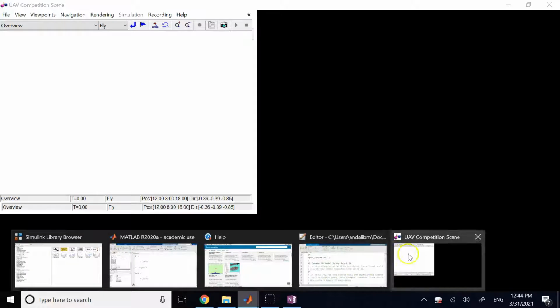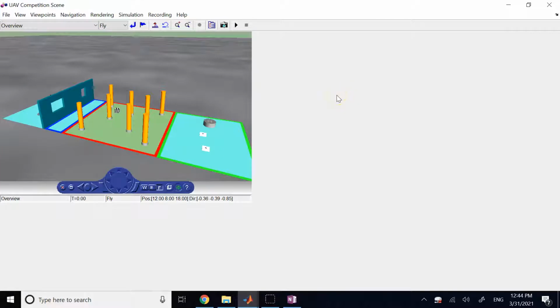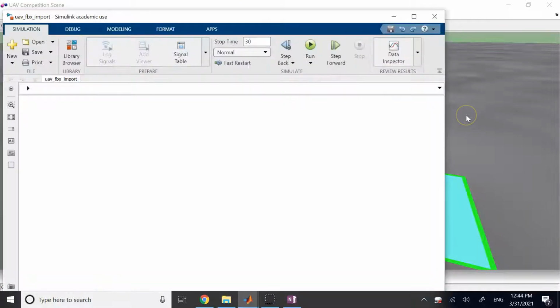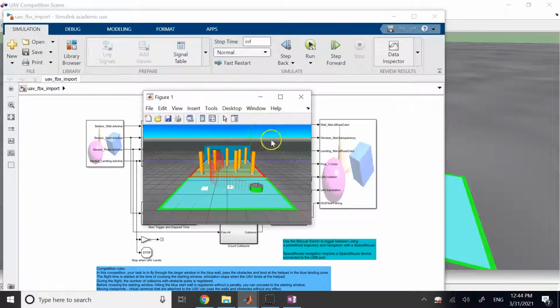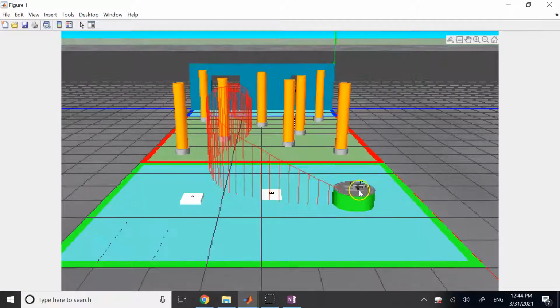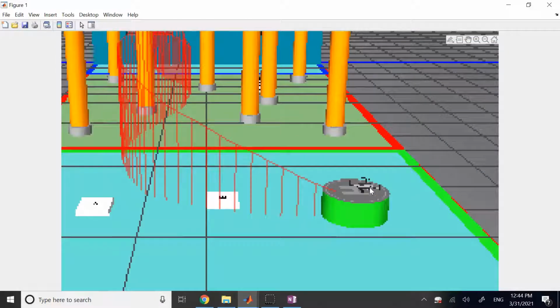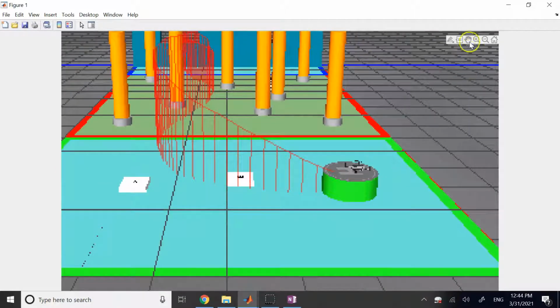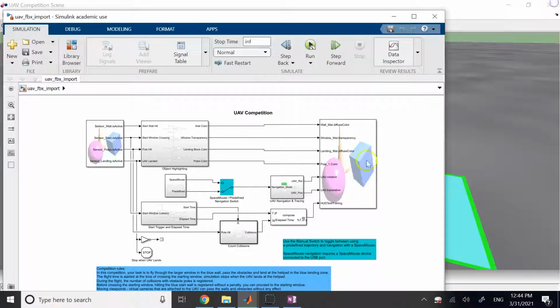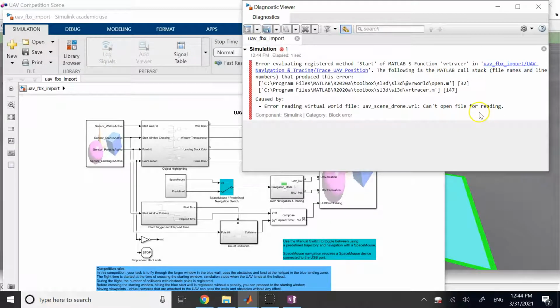Okay, let's see if I can get it to work. There we go. So this is the background, virtual reality model Simulink. And I guess this is the drone here. Now here it needs a little bit better graphic, but you can get this guy to work, and this is just a picture. But if you run this guy, it should show you a video as well, hopefully.